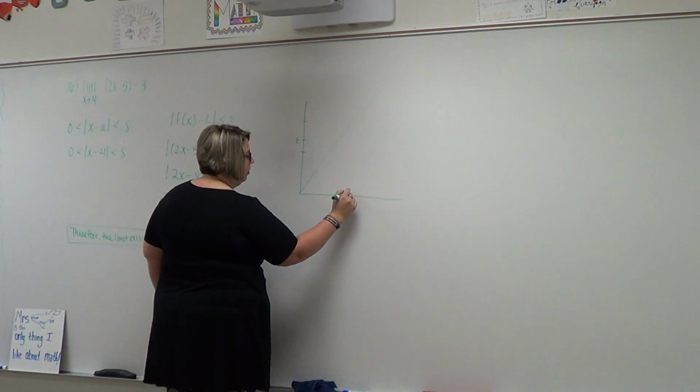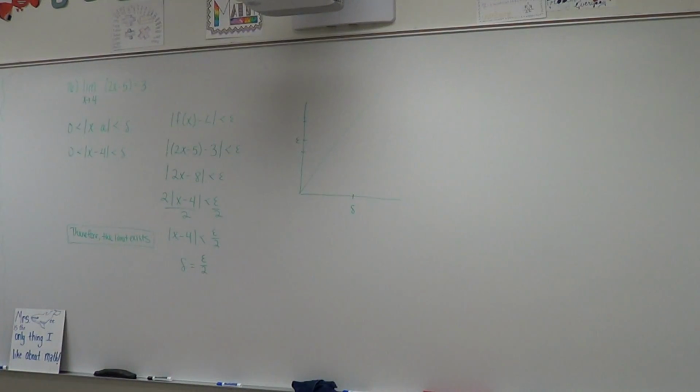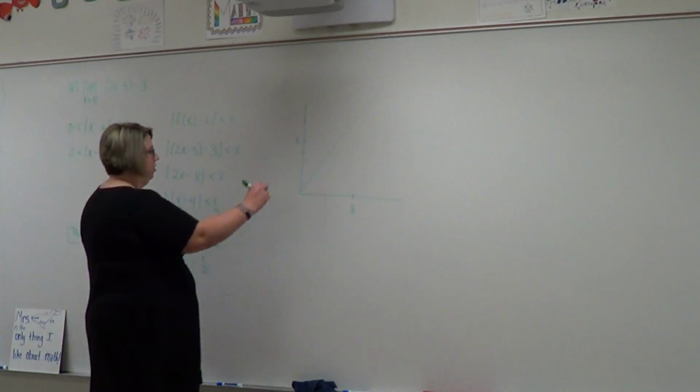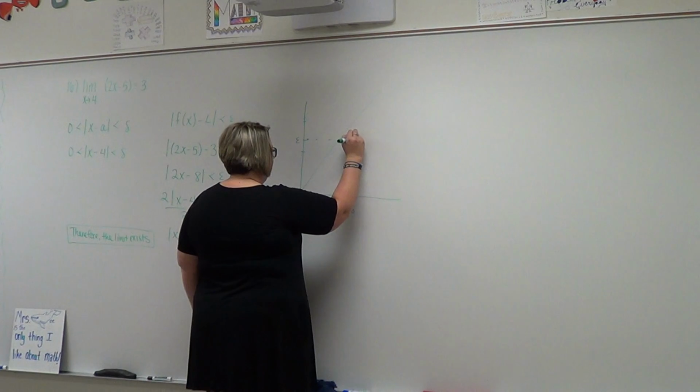Wait, can you do that again? You also have your delta. On your y-axis, you're gonna have your epsilon. On your x-axis, you're gonna have your delta. And they're gonna meet up. I don't know if they make these straight lines and the other one's dashed.